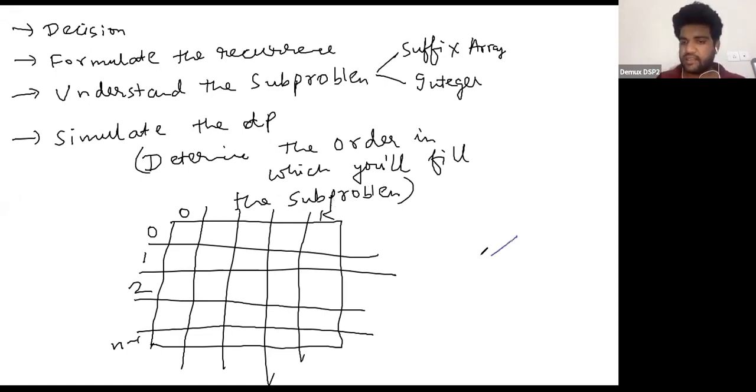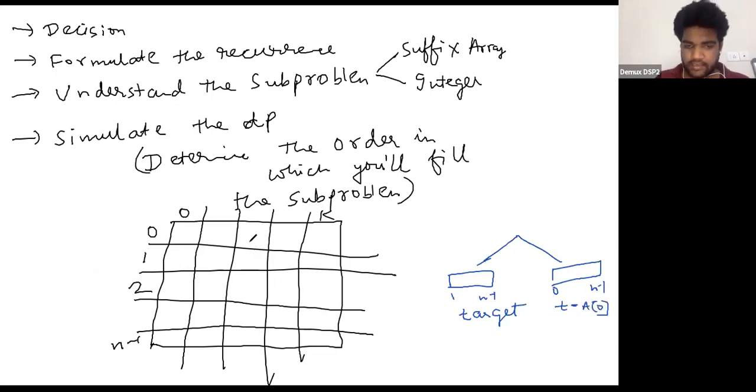So what is the decision here, if you remember? If you take 0 times, then you are left with 1 to n minus 1 and the same target. If you take, then you are left with 0 to n minus 1 at t minus a0. Right? So let's stand at a particular cell and see how we are filling that cell. So let's say we are standing here. How are we filling this cell?